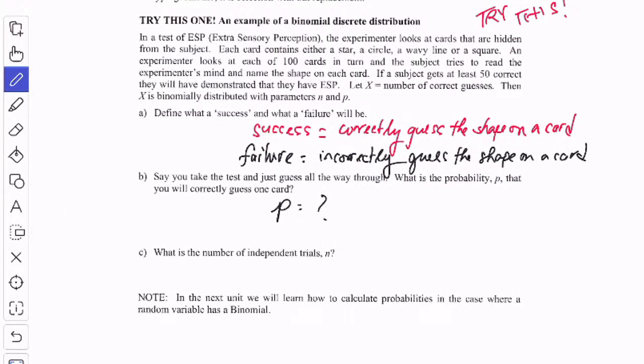Each card is either a star, a circle, a wavy line, or a square. So there's 4 possibilities. If there's 4 possibilities and they're equally likely, what's the chance of getting it correct?